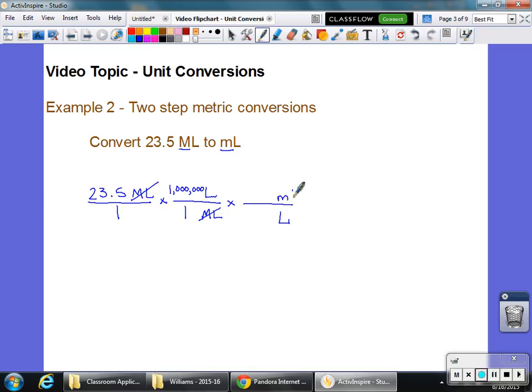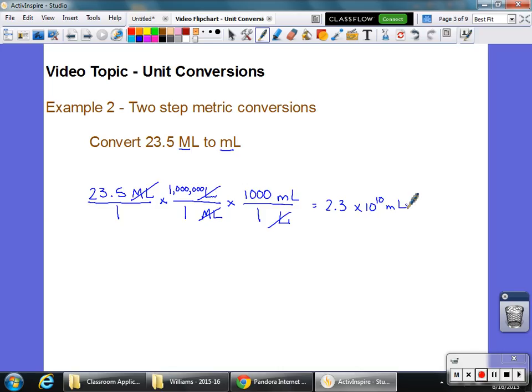Milliliters will go on top, and we know in 1 liter there are 1,000 milliliters. When we do the multiplication, liters will cancel, we'll be left with milliliters, and you get a value of 2.3 times 10 to the 10th milliliters.